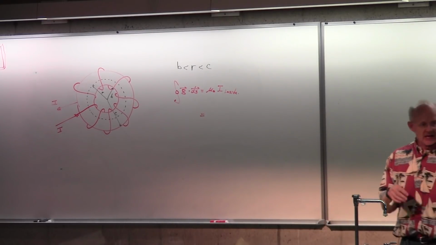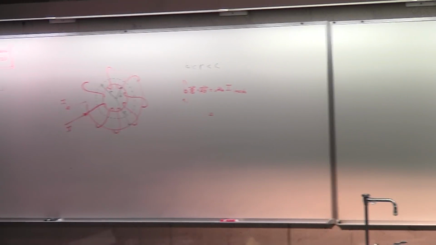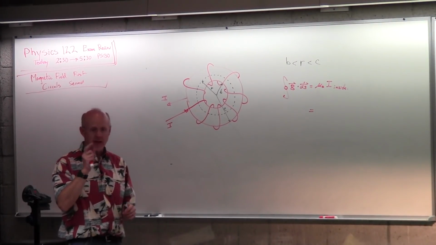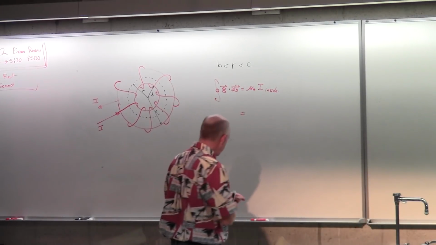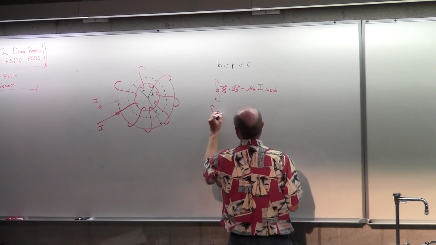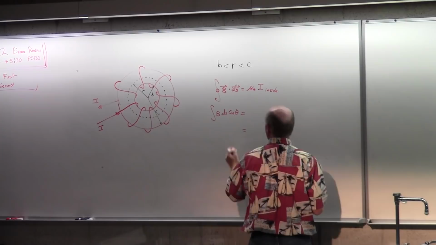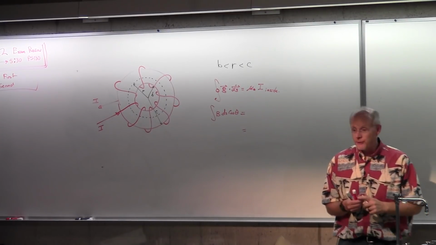Okay, left-hand side, just like we did for the wire, little harder perhaps. But over here on that left-hand side, I would say, first thing, dot product. Take your dot product. All right, so I've got the B ds cosine theta.